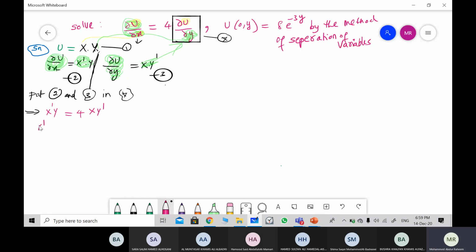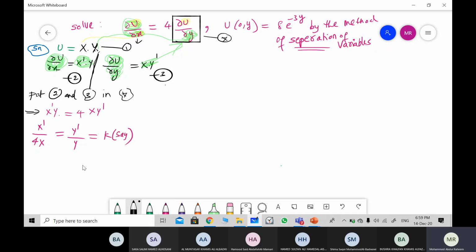Now we want all x on one side. That is separation. Separation means all x on one side, all y on the other side. X dash divided by 4X. All x on one side, Y dash divided by Y on the other. Now all x one side, all y one side equals some k, we say some k like that.